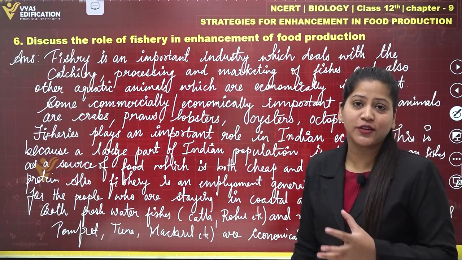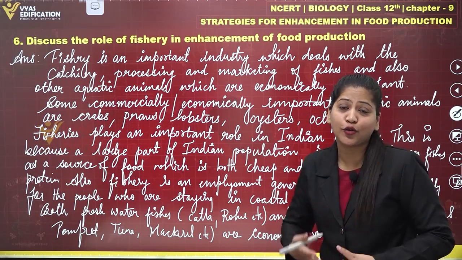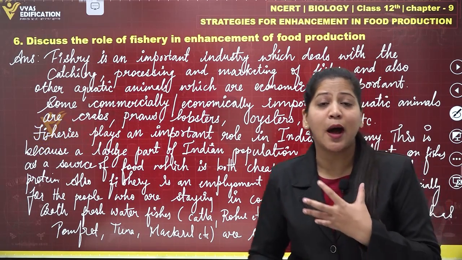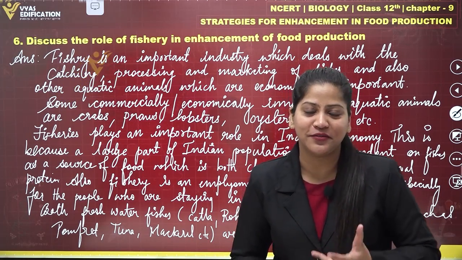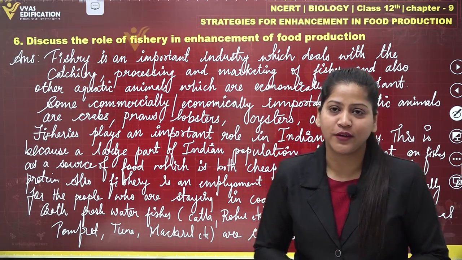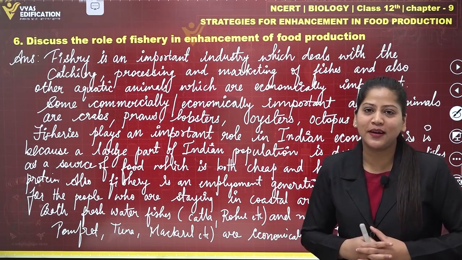So all these fishes, freshwater fishes such as katla, rohu, marine water fishes such as tuna, pomfret, mackerel, all these fishes are of high economic value and these are important. So this is the complete solution of question number 6.